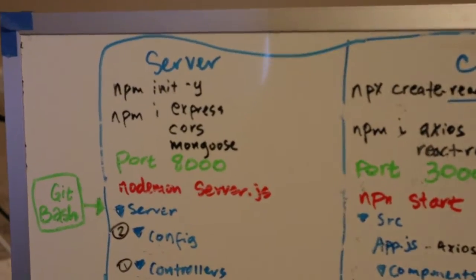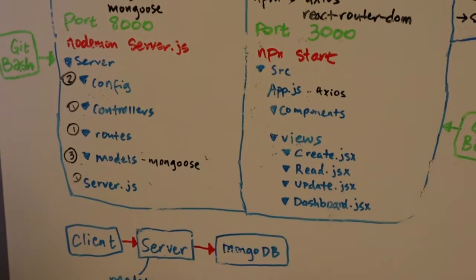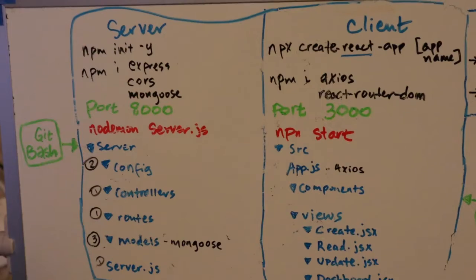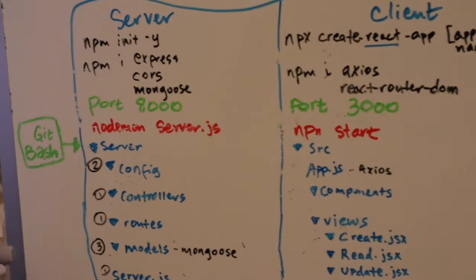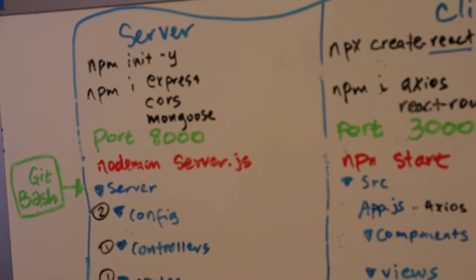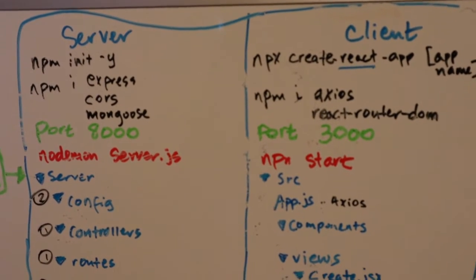So in the server side, when you set up server and client, open up git bash within the server and client. So, like in the folder structure you create under the folder for the app name.